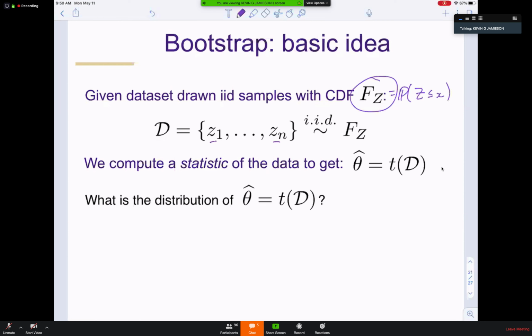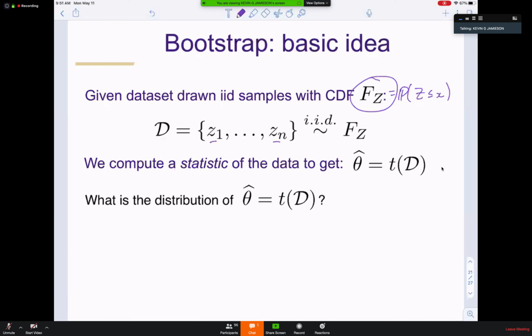It's a cumulative distribution function. And now each one of our Zi's is drawn IID from this distribution. It's a one-dimensional distribution. And then given those n numbers, we want to compute some statistic of the data, like the median of this data. And that's going to get a single number out. For every one data set D, I get a single number out, which is the median of that data.